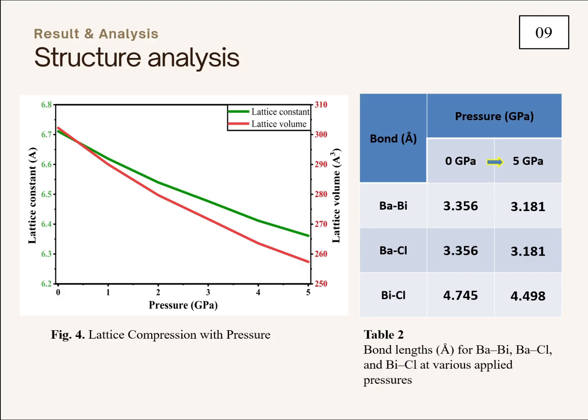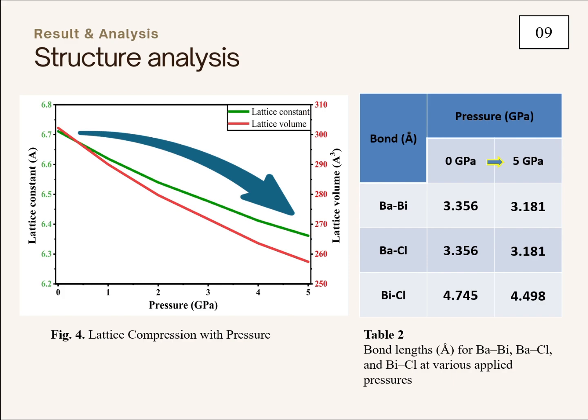If we come to the result analysis, here is the structure analysis. On the left side, the lattice constant varies from 6.2 to 6.8, and on the right side the lattice volume is around 250 to 310 angstrom cubed. You can see that with respect to pressure, lattice constant and lattice volume both go down drastically. The lattice constant is represented in green and the lattice volume in red.